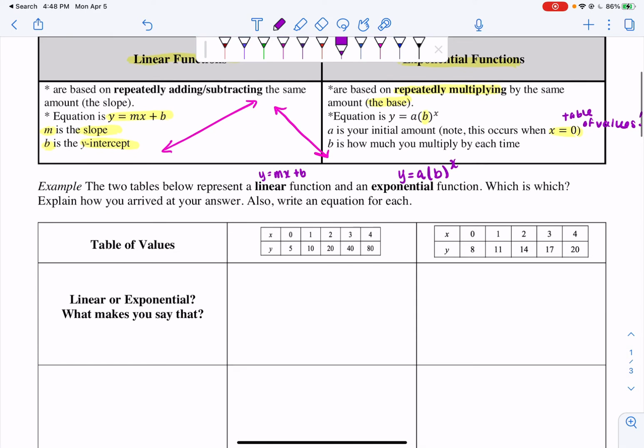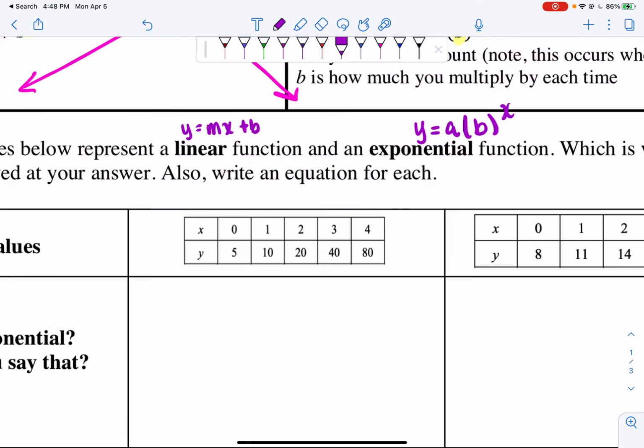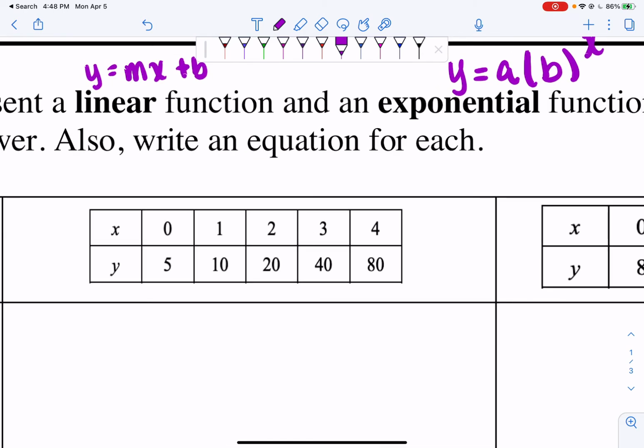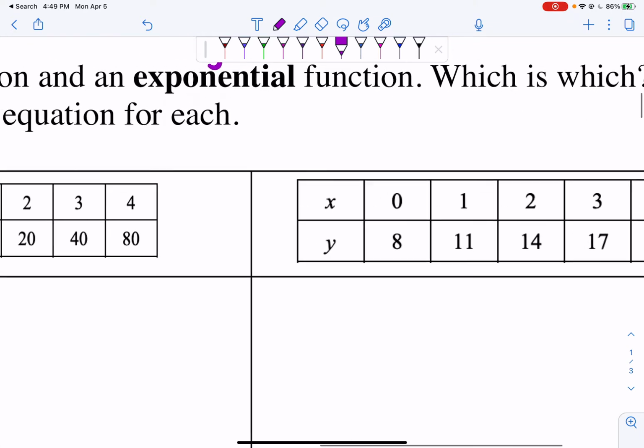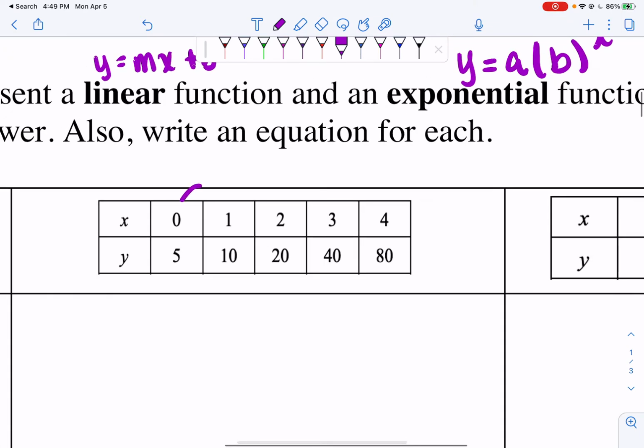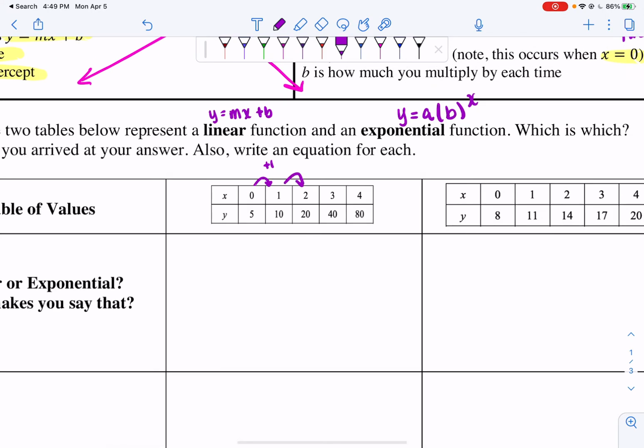Okay. So let's look at our first table of values. What I like to do first is I always like to look at my x values and figure out how much I'm adding by each time. So if I go from 0 to 1, I add a 1. When I go from 1 to 2, I add a 1. 2 to 3, I add a 1. 3 to 4, I add a 1. Now I go to my y values and look to see how much I'm adding by each time.